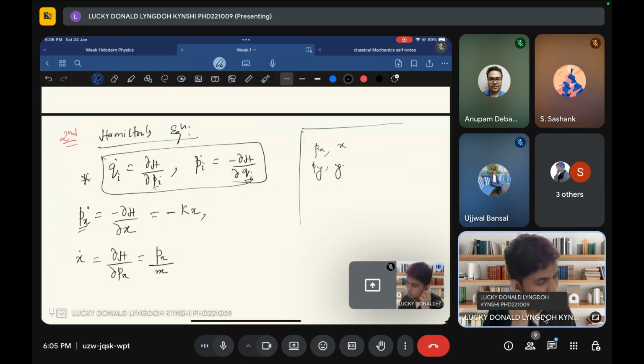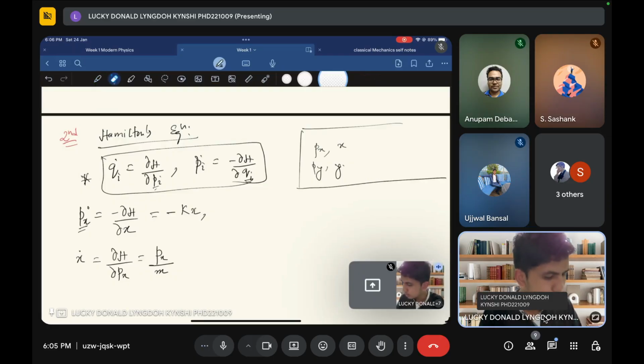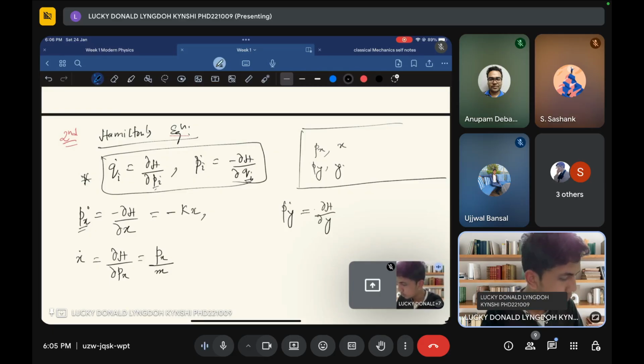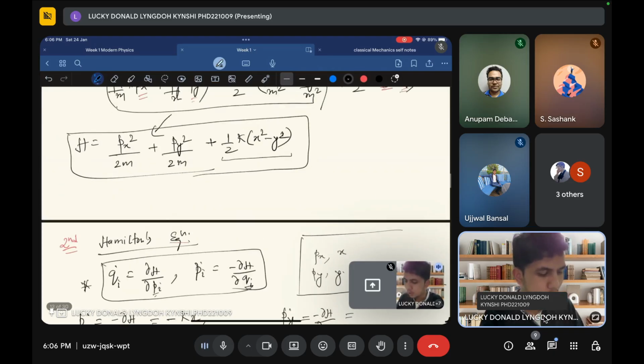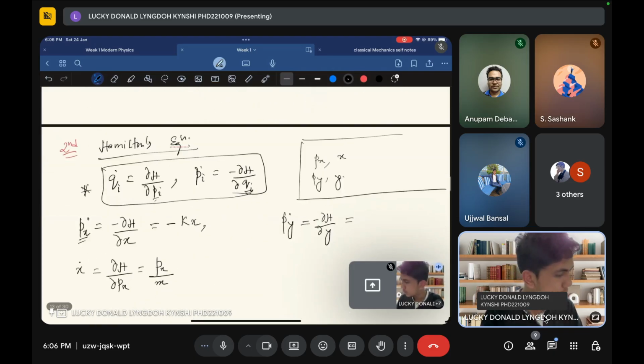Okay, so now one part is done. The second part is py dot, because there are also the x and y coordinates. So py dot will be equal to minus del H by del y. Again you have to differentiate, and we will get simply ky.